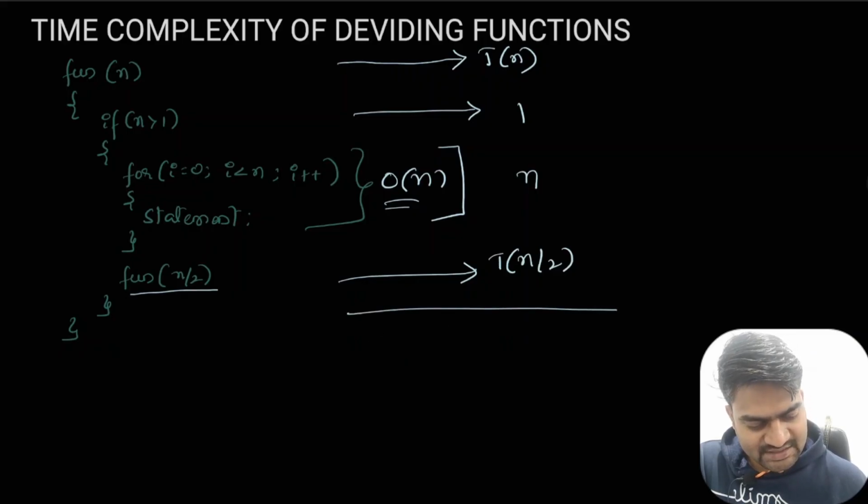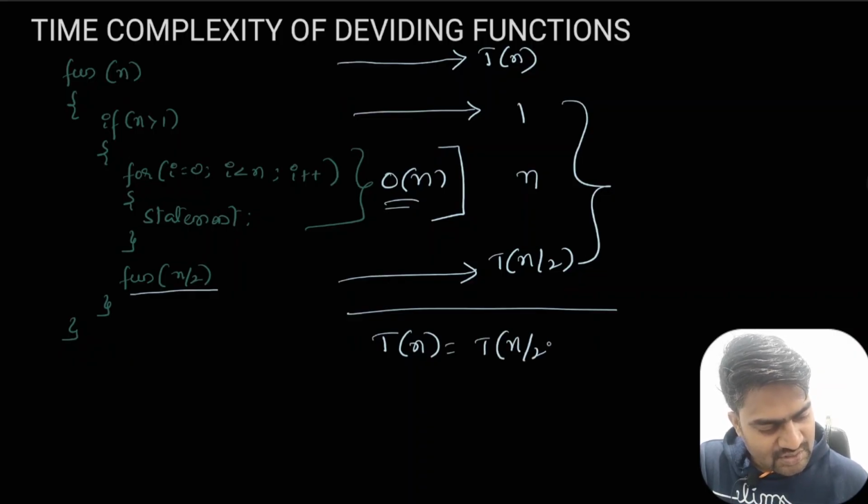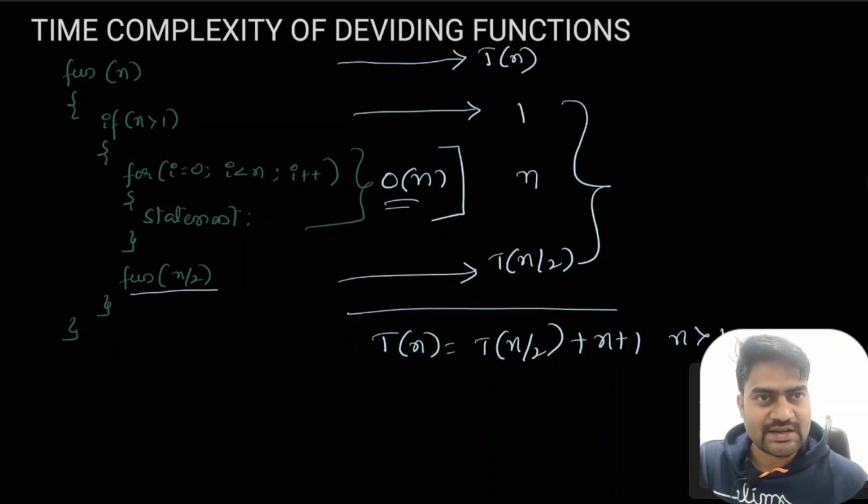Then T of n is the sum of these three: T of n by 2 plus n plus 1. This is when n is greater than 1. But if n is equal to 1, it does not do anything. It simply checks the condition and returns, so it is only 1 unit of work when n is 1. So this is the recurrence relation for this recursive algorithm.